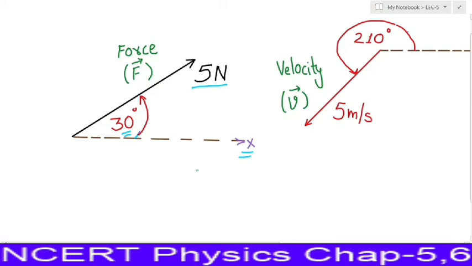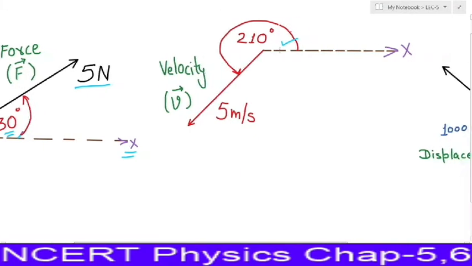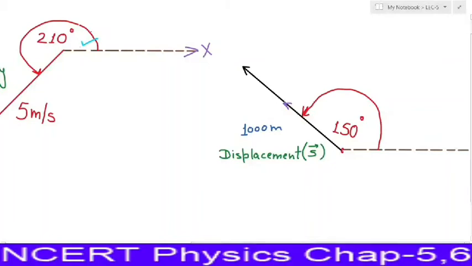Now if we reconsider the example of velocity, then in this, suppose this angle is 210 degrees. So now this is complete information. Magnitude of velocity is 5 meters per second and its direction is at a 210 degree angle in the anti-clockwise direction with the positive x-axis. Similarly, we can remind ourselves of the example of displacement.